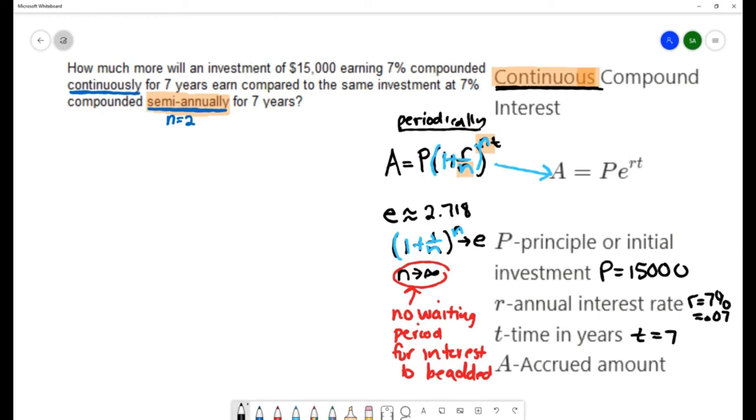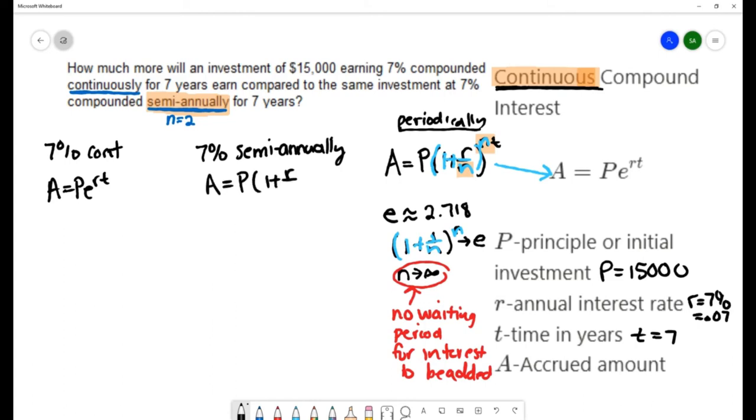So we're going to do both calculations. For the account earning 7% compounded continuously, we're going to use the formula A equals P e to the rt. And for the account paying 7% compounded semi-annually, we'll use the periodic compound interest formula A equals P times (1 plus r over n) to the nt.